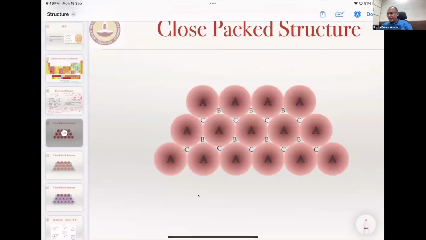So in the next 10 minutes, we will quickly see how to develop these closed packed structures. So let us say you have 3 layers. First you have kept in this fashion the closed packed plane, where atoms are sitting at the centers, A positions. Can you see that?